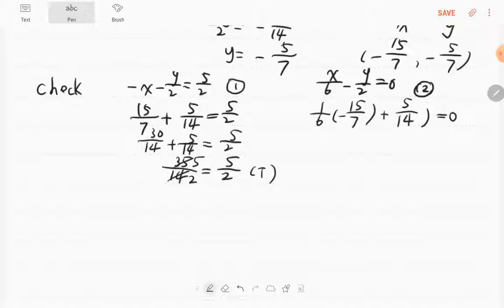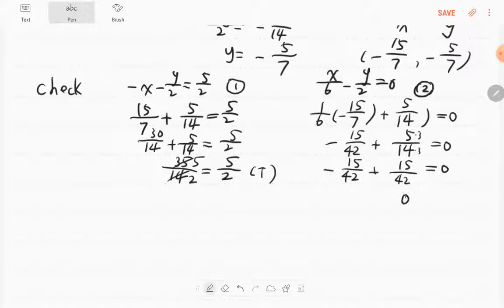We will get negative 42. 15 over 42 plus 14 over 5 equals. So if we do a little bit, we will have this multiplied by 3, we will get, and obviously it's also true.